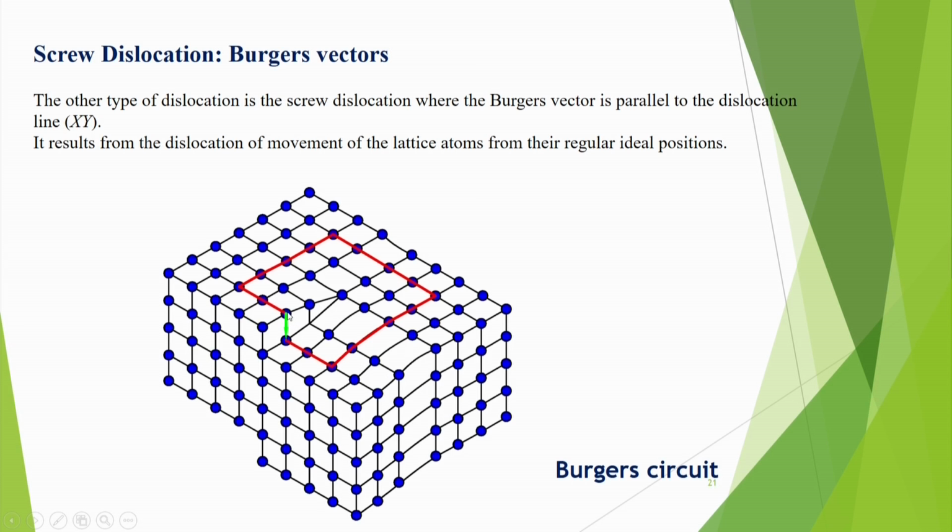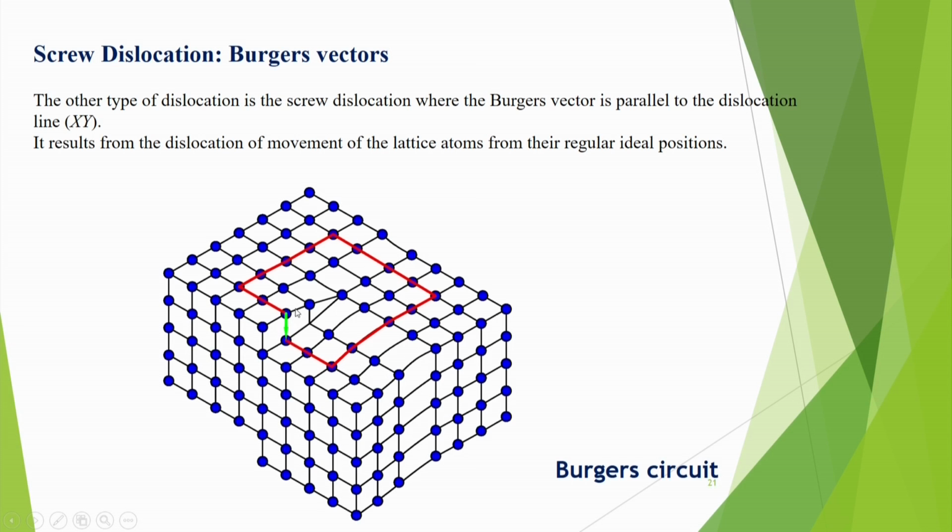Let us say that we are starting from this point, and we go 1 2 3, then you go 1 2 3 4, 1 2 3 4, 4 steps, again we go 4 steps, again we move 2 steps, and we come to this point, and then we draw a Burgers vector this time.